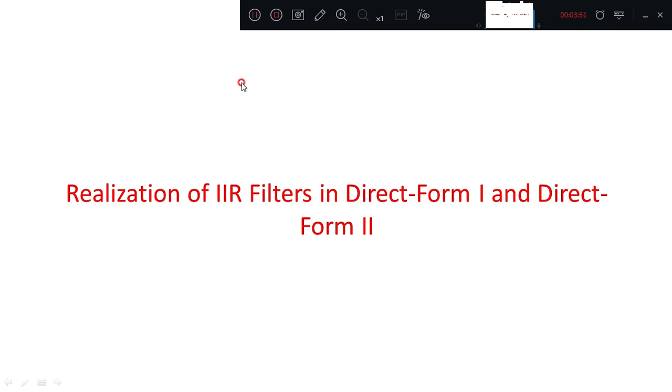But if you take the FIR filter, the transfer function has only the numerator polynomial, and in the numerator we have only the zeros. So the FIR filter is also known as the all-zero filter. We don't have poles because the denominator polynomial is absent in the transfer function of the FIR filter. You have to understand that very well.